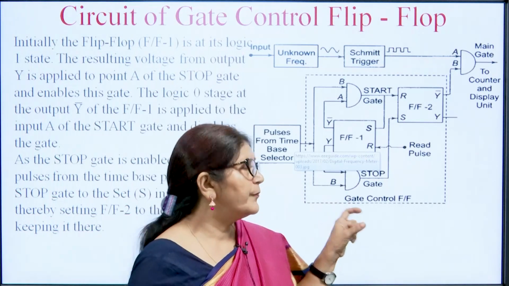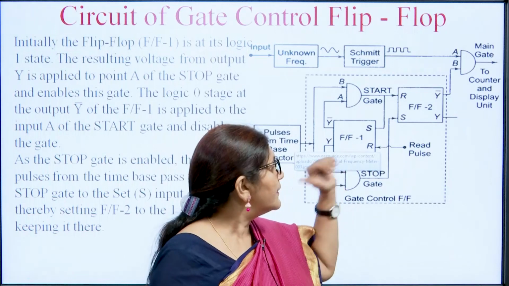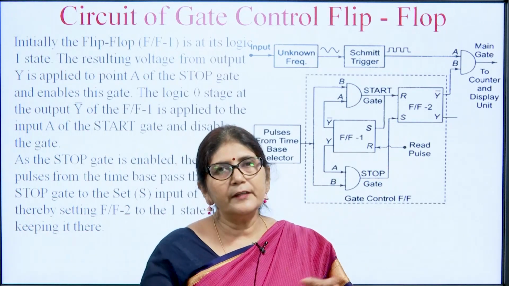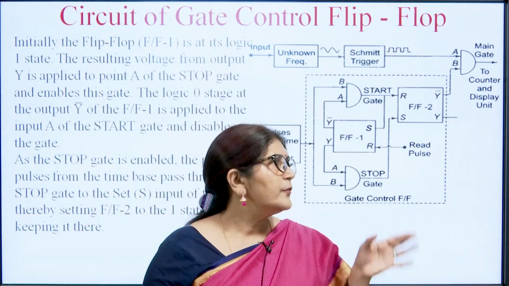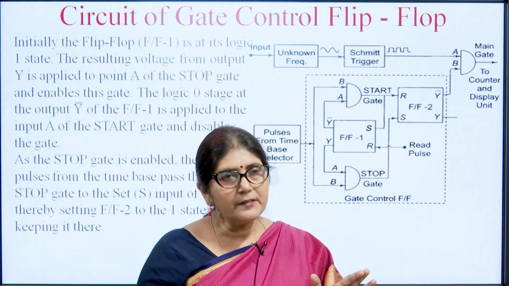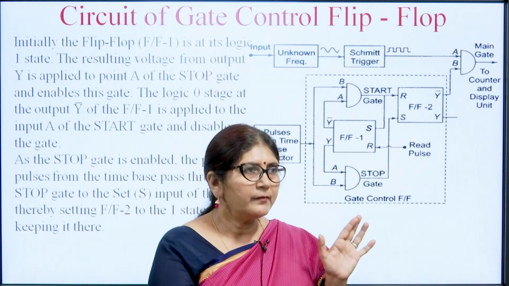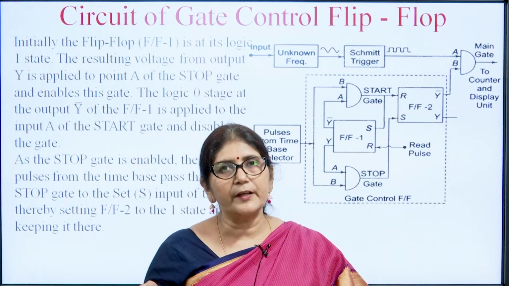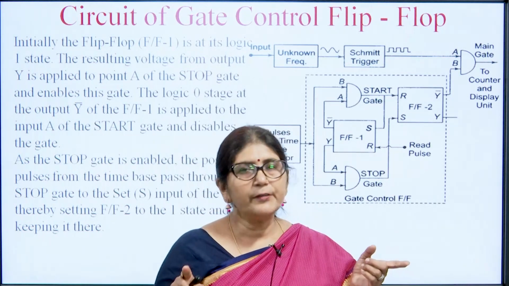So, the number of input pulses or input square waves is passed through the AND gate, and then it is counted by the counter. The counting is done in 100 microsecond, but it is converted into seconds, and then it defines the frequency.